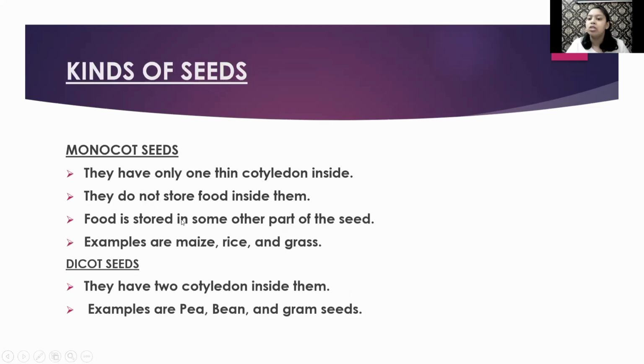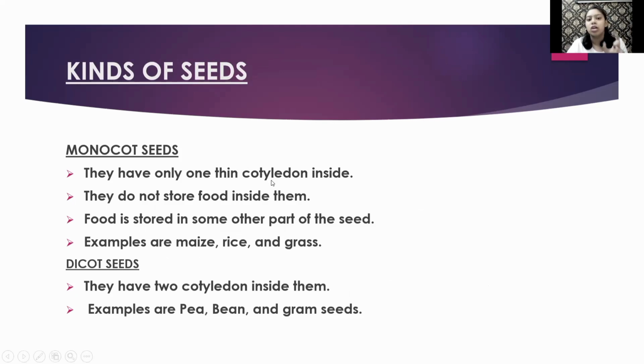Now what are the kinds of seeds? There are two kinds, that is monocot and dicot seeds. Okay, so monocots have only one thin cotyledon inside them. Mono means one, and that's why they have one thin cotyledon inside. They do not store food inside them.